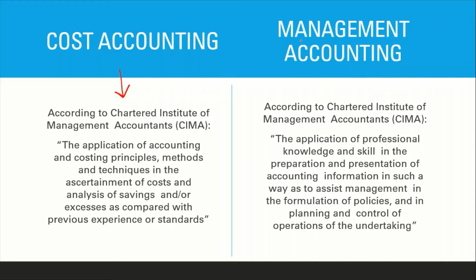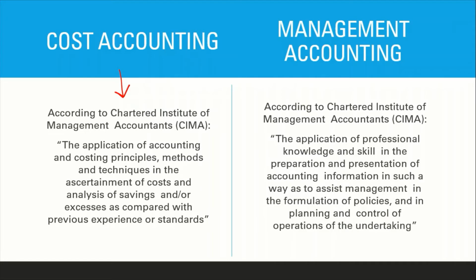While for management accounting, also according to CIMA, the application of professional knowledge and skill in the preparation and presentation of accounting information in such a way as to assist management in the formulation of policies and in planning and control of operation of the undertaking.